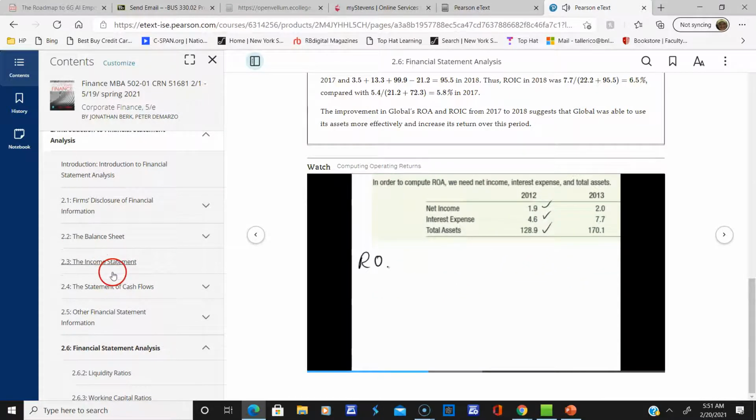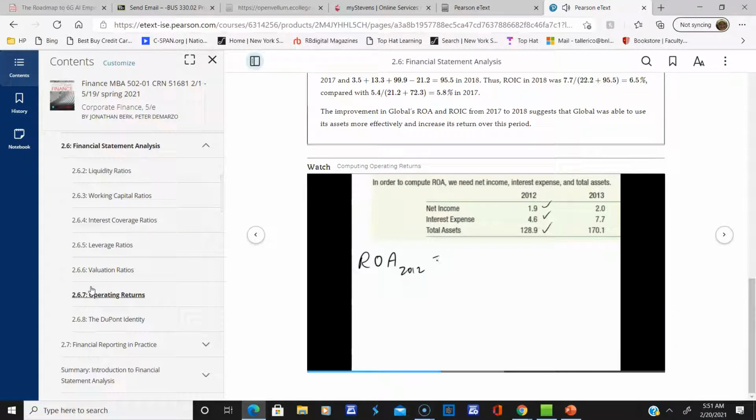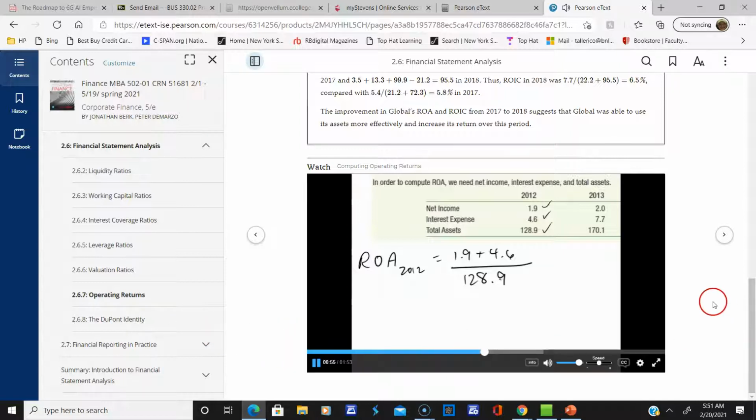So ROA for 2012 is going to be 1.9 plus 4.6 over the total assets of 128.9, and when you calculate that out, you get 5%.